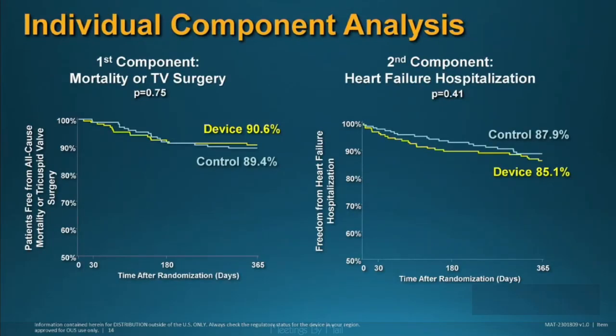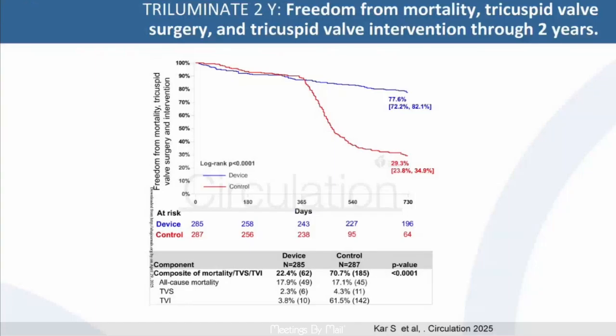The 1 year outcomes came out negative, no difference between the control group and the other one. And the bad news is that after 1 year, there was the possibility for crossover. So basically, TRILUMINATE has been a trial which is not so useful, because now, after 1 year, a lot of patients have been crossing over.